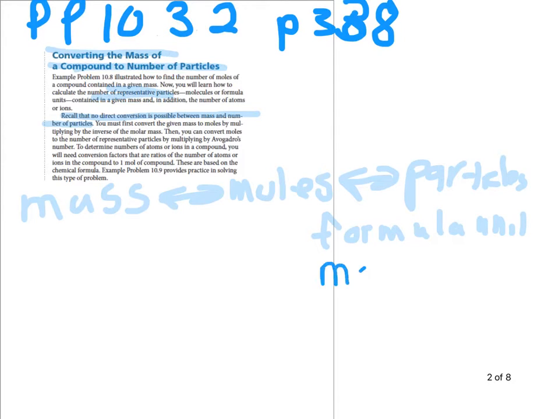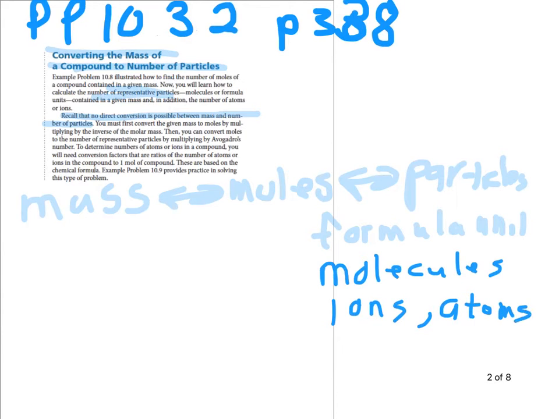We might look at molecules if it's a covalent compound, we'll look some at ions, atoms, and a lot of different types of particles we may have depending on what we're talking about.